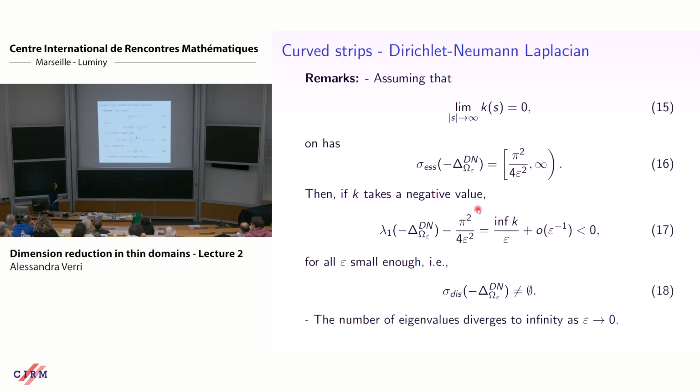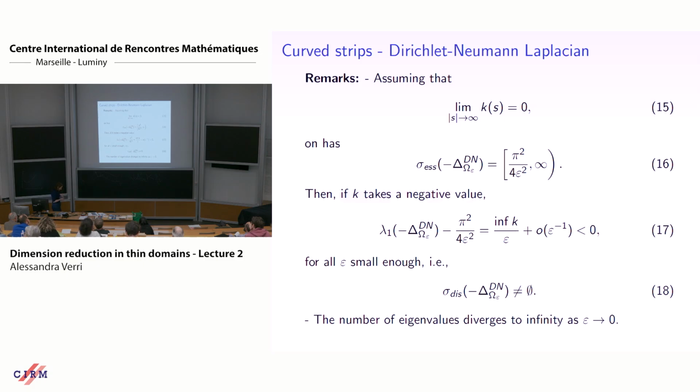And now we are going to look at the sign of the curvature. If k takes a negative value, then this infimum is negative. So this difference will be negative for epsilon small enough, and then we'll have something like this. And so you can assure the existence of discrete eigenvalues.